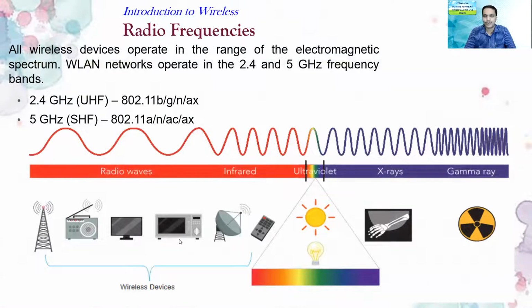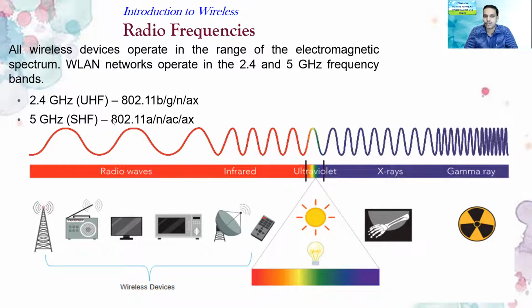Any radio frequencies you talk about belong to the electromagnetic spectrum. The spectrum runs from low frequency waves to high frequency waves, and every range of frequencies has its own specified set of applications. You can see there are X-rays, gamma rays, ultraviolet rays. The 2.4 gigahertz is called ultra high frequency, used by 802.11b, g, n, and ax.